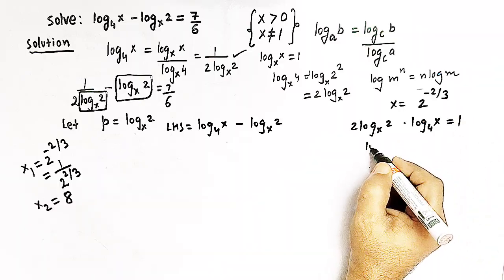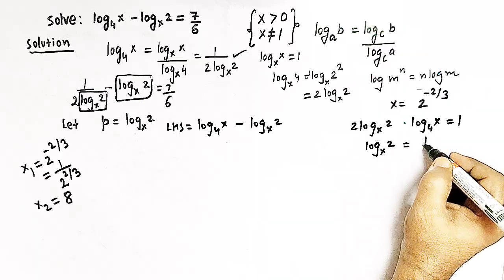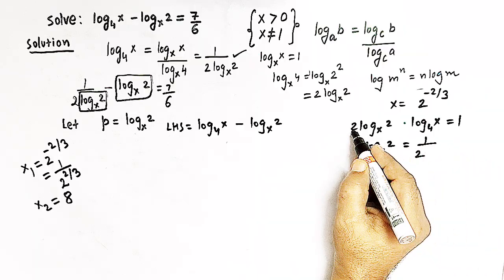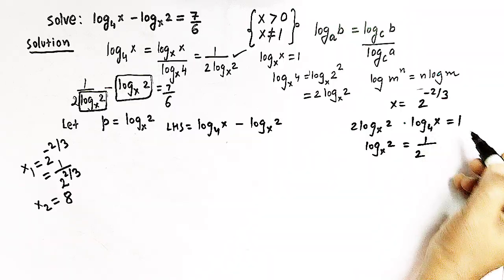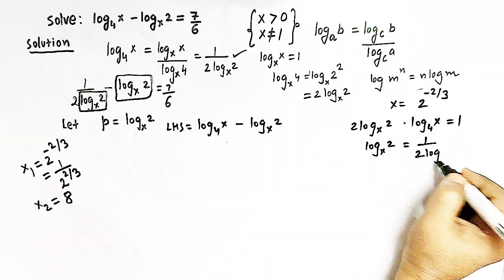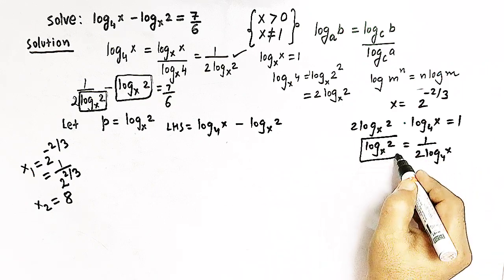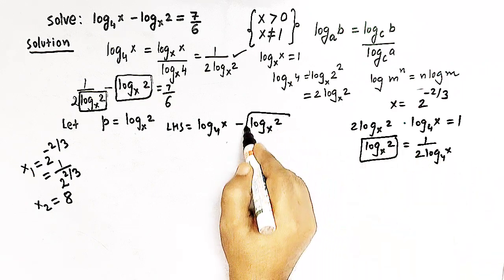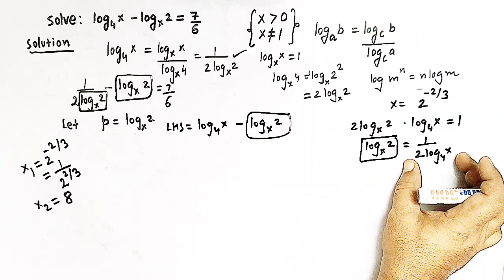So from here we can now write log 2 to the base x as 1 over 2 times log of x to the base 4 in the denominator of 1, right? So here we write log x to the base 4. So now we can replace this term, that is log 2 to the base x, by this expression.